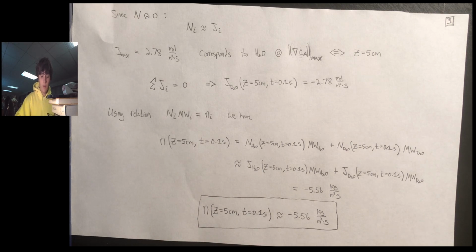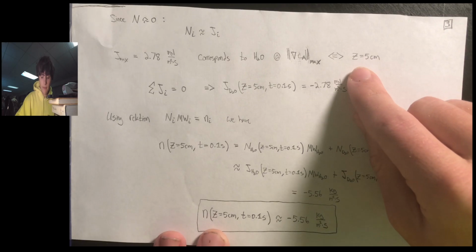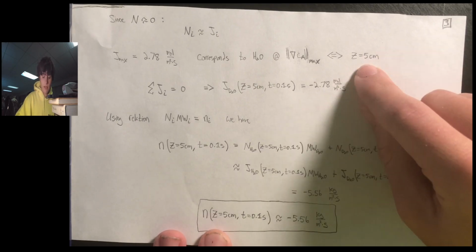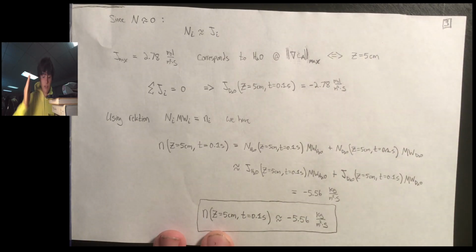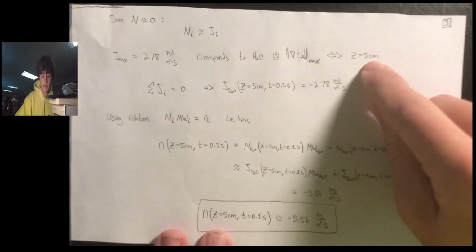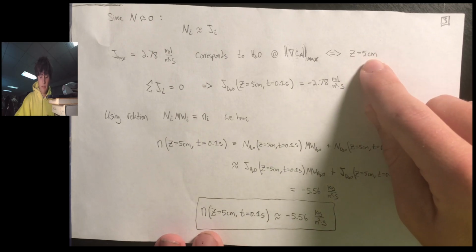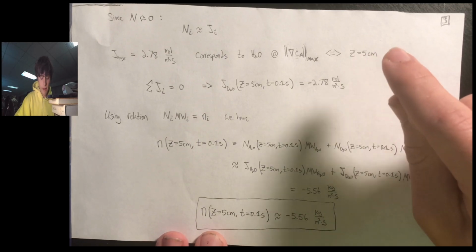Well, that's at the center line, because at t equals 0.1 there's going to be a large change in the molar concentration of water between the left-hand side and right-hand side. So that's where the maximum gradient of the molar concentration of water is, at 5 centimeters.